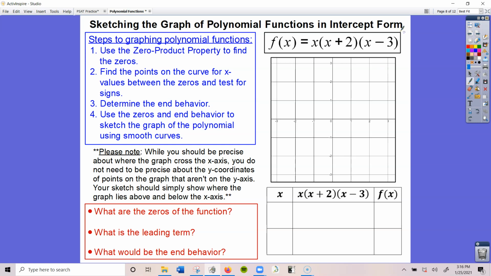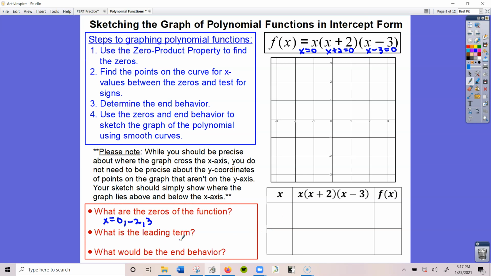We would just set each individual factor equal to 0. So x equals 0, x plus 2 would equal 0, and x minus 3 would equal 0. That would give me our x-intercepts of 0, negative 2, since I would have to subtract the 2 here, and positive 3, since I'd have to add the 3 there.